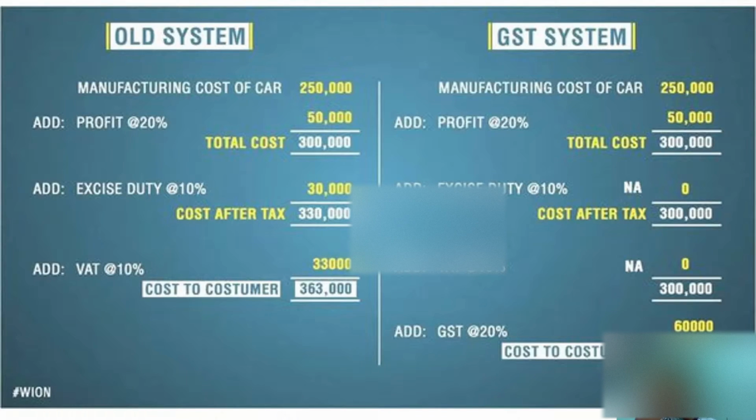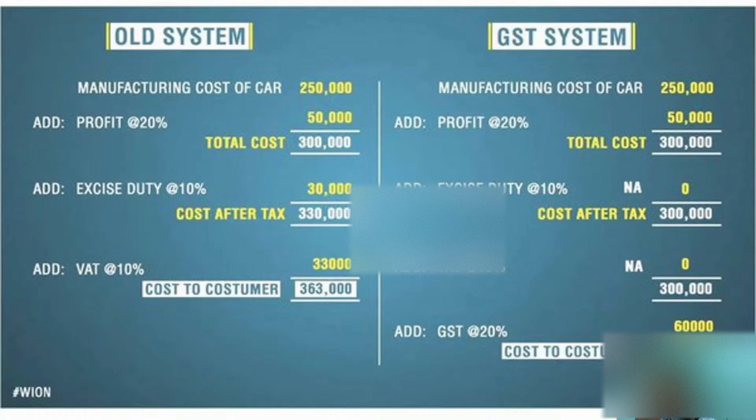The other option that you have under the GST system is, on my inward supplies, if I'm paying GST, that GST amount which is paid on my inward supplies can be availed as credit on my outward supplies. Think of this: my inward supply is worth 1 lakh rupees. I'm liable to pay 5% GST on that 1 lakh rupees, which amounts to 5,000 rupees.